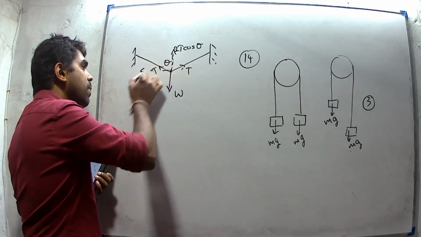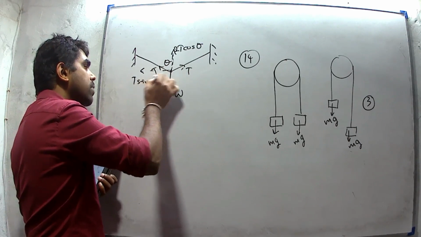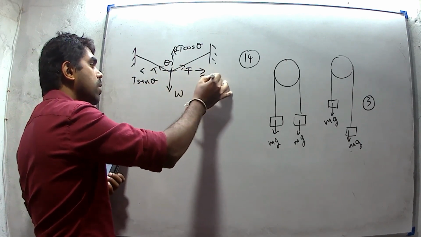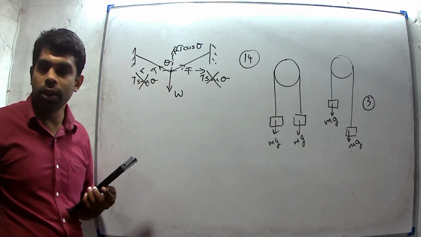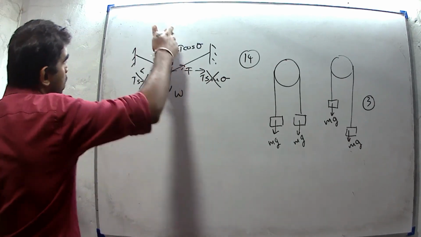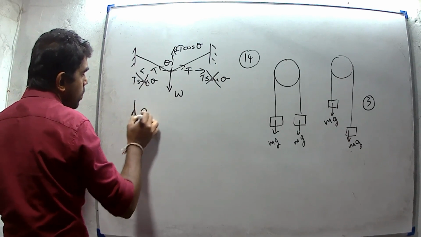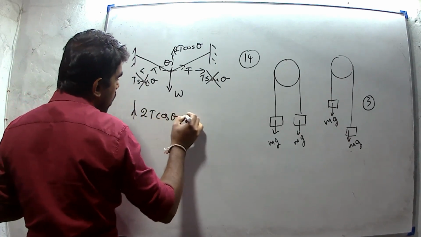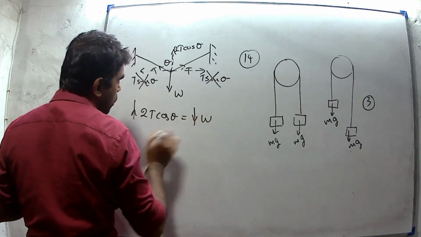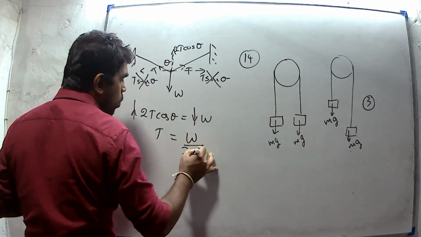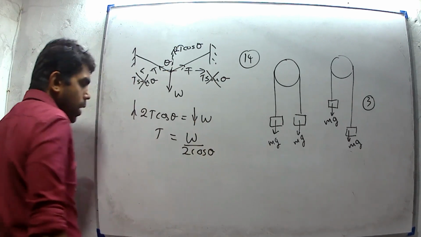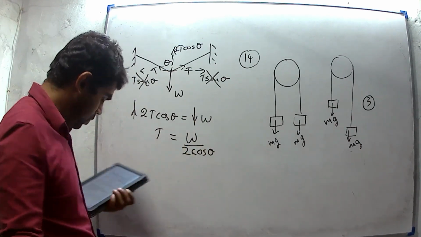The horizontal components T sin theta and T sin theta cancel because they are equal and opposite forces. Now there are only two forces: 2T cos theta equals downward W. Then I will make tension the subject: W divided by 2 cos theta.